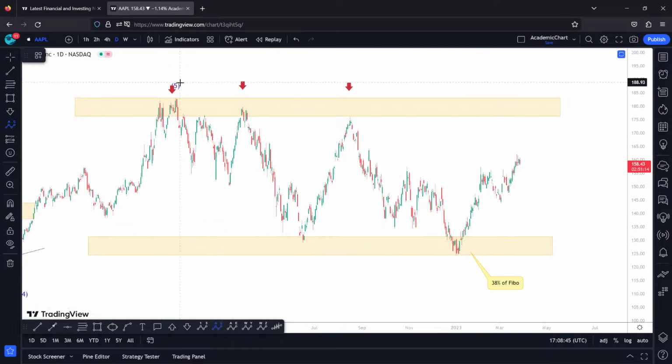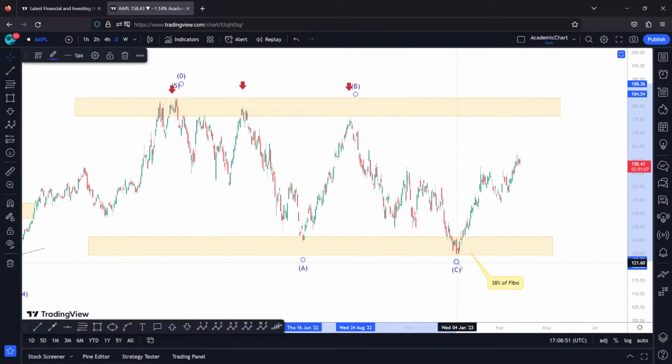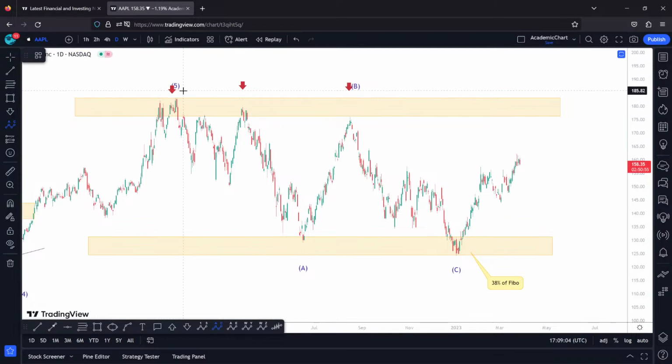I can grab my wave counting to clarify how it has moved. This is my flat, as it is moving in a horizontal range market and it hasn't created a clear ABC. Also, the minor waves, these ABC, each of them is in a 3-3-3 format.